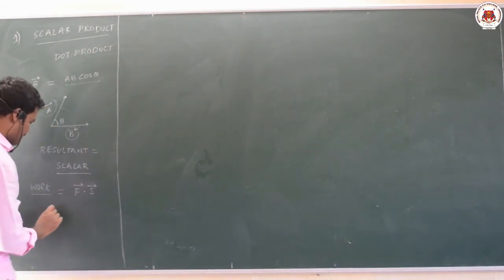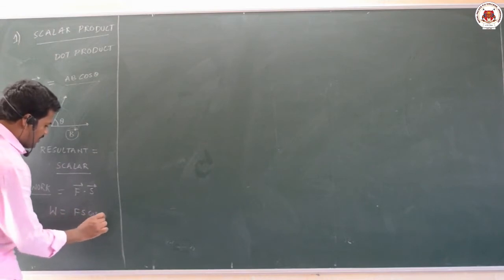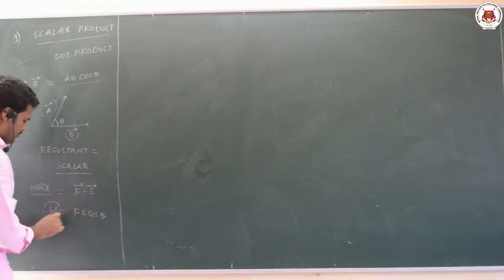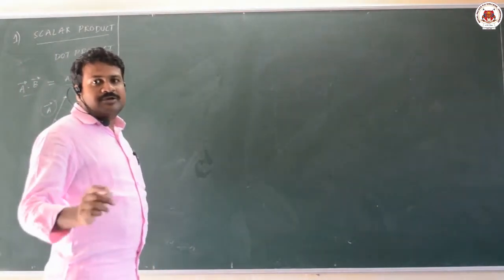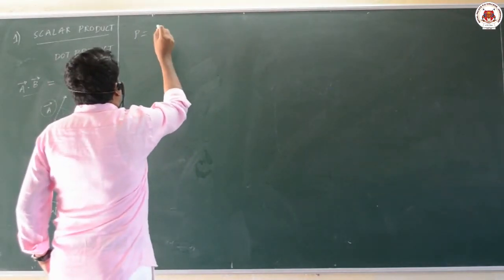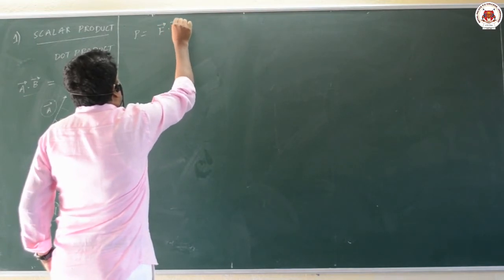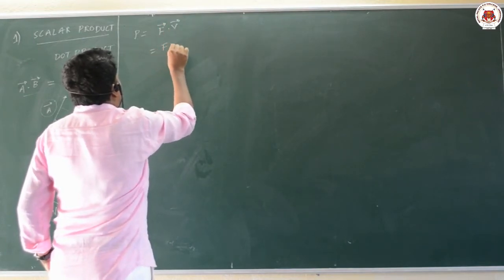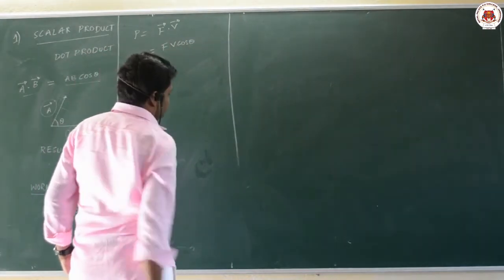So W is equal to Fs cos theta. The answer is a scalar. Work, energy and power all are scalars only. They don't have direction. And power is equal to F bar dot V bar, that is Fv cos theta.